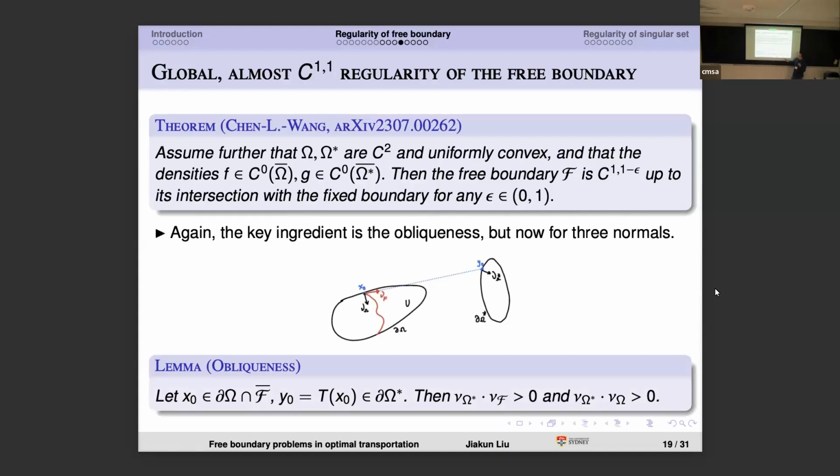One is normal to the free boundary. The other one is normal to the fixed boundary. So obliqueness means the angle between the normal of the free boundary and the normal of the target is less than pi/2. And simultaneously, you have to prove the angle between the normal of the fixed boundary and the normal of the target is also strictly bounded by pi/2. So you have to prove two obliquenesses hold simultaneously.